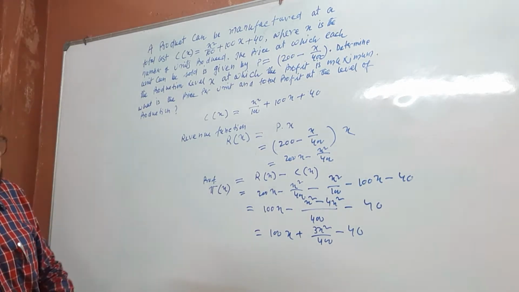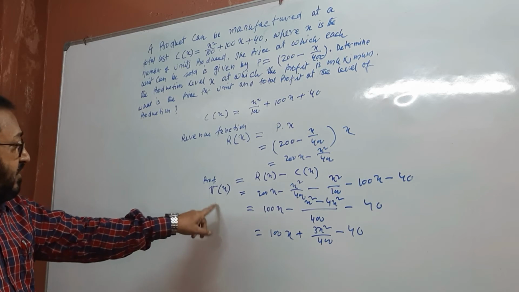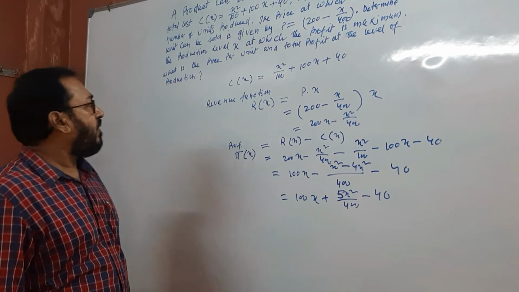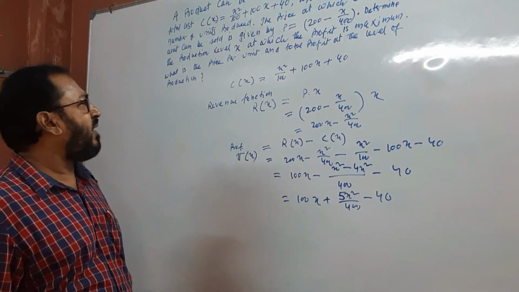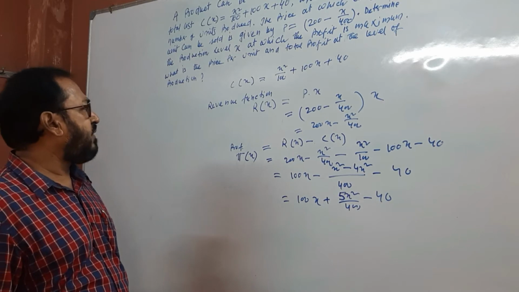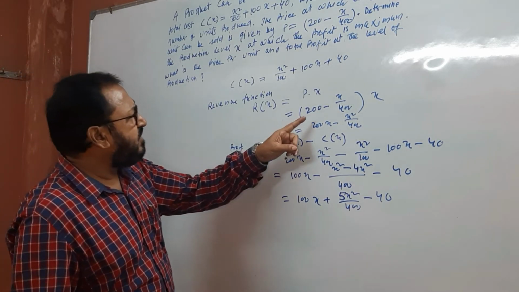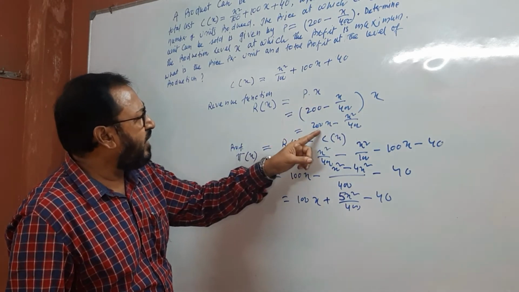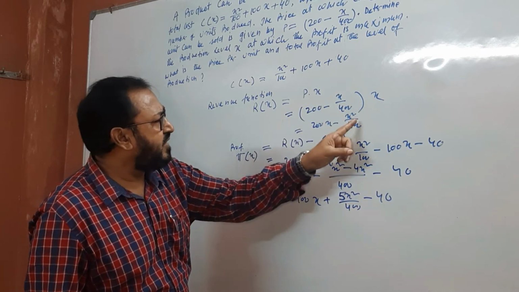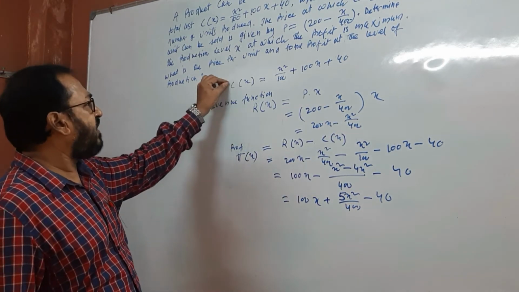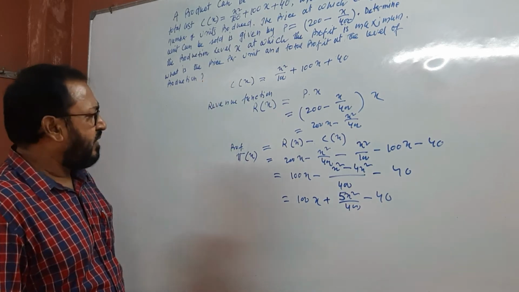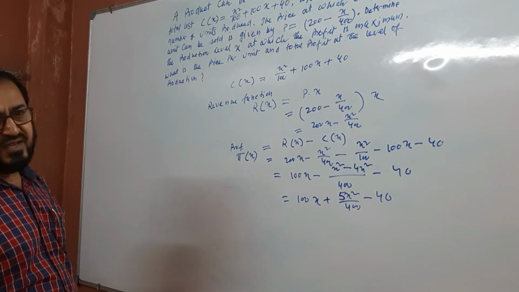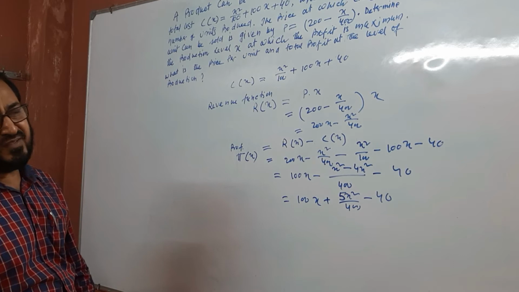Now, in order to maximize the profit, we take the first order derivative. The cost function is given, x squared by 100 plus 100x plus 40, and the revenue function has been found, which is price into quantity, that is 200x minus x squared by 400. So revenue function and cost function are found. Now we have to find the profit. Profit is revenue minus cost, that is sales minus cost.